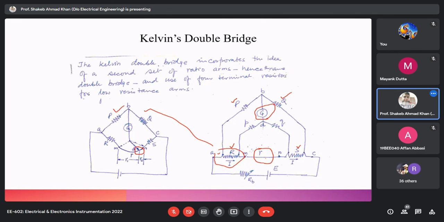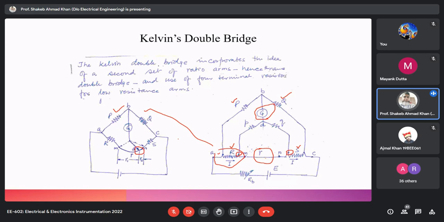And another set of lead resistance, the potential terminals of the unknown resistance and standard resistance, are used to connect these small p and q to the resistances. So this is the way.